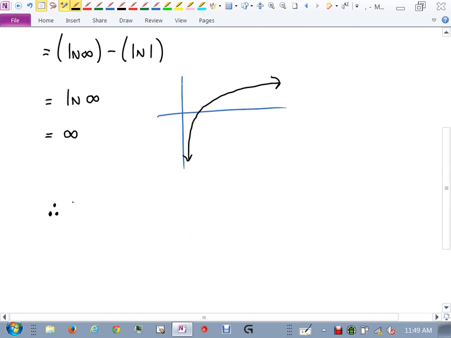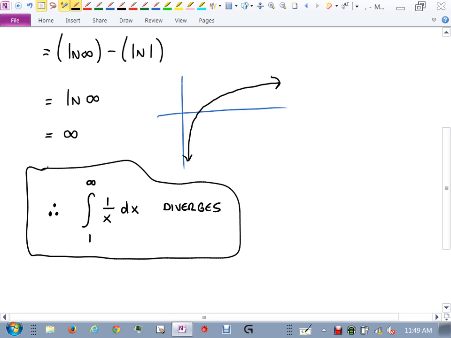Therefore, this integral diverges. It has infinite area. Is that okay? Next one.